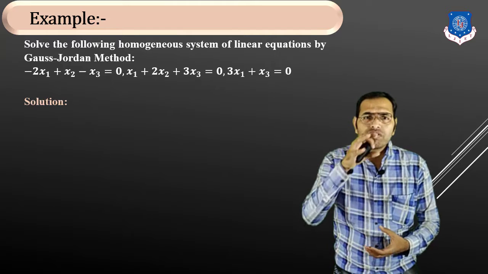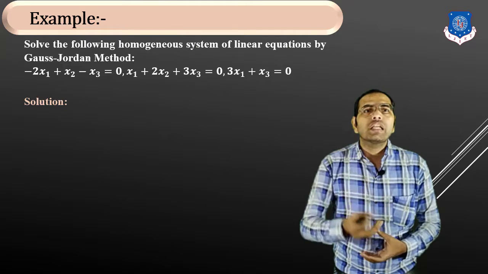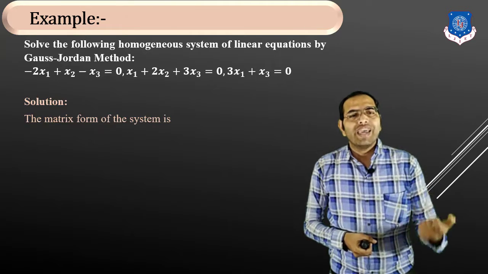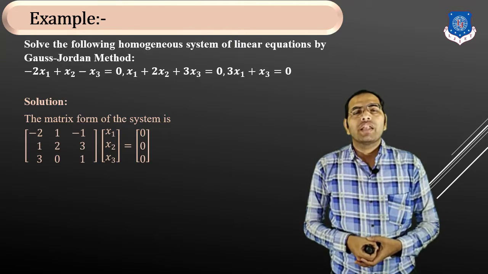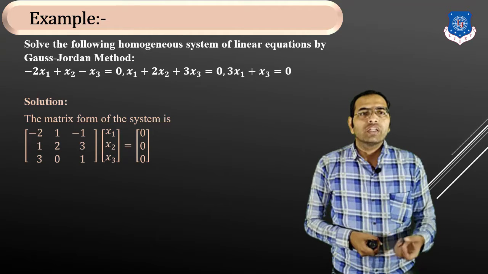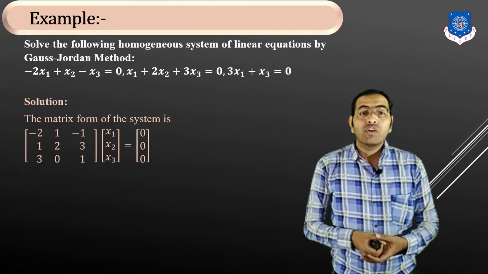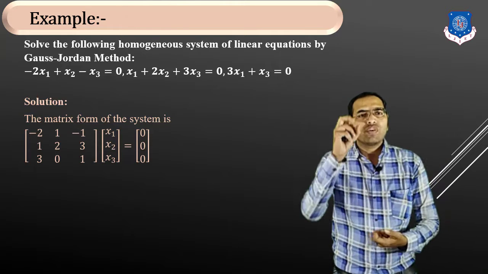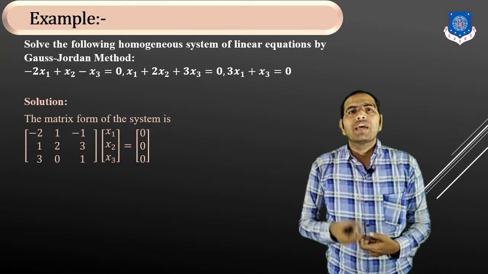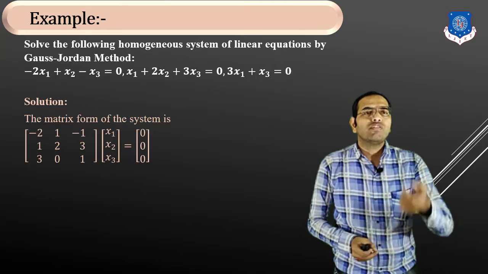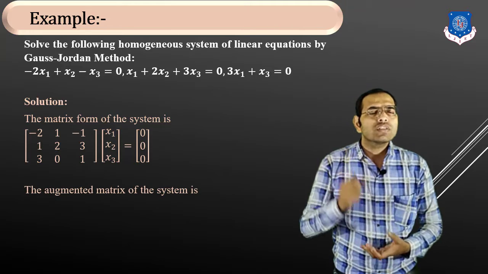Firstly, the linear system which is given is written in matrix form as Ax equal to B. That gives you the matrix minus 2, 1, minus 1; 1, 2, 3; 3, 0, 1, where the unknowns x1, x2, x3 are written in column form, equal to B. Each and every equation equals 0, so that is written as the column 0, 0, 0.